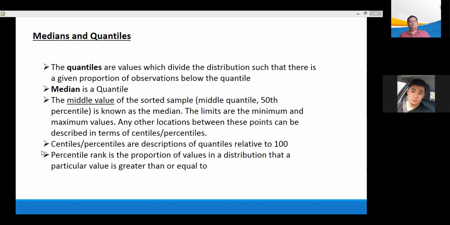Percentile rank is the proportion of the values in a distribution that a particular value is greater than or equal to. For example, if a pupil is taller than or as tall as 79% of his classmates, then the percentile rank of his height is 79.